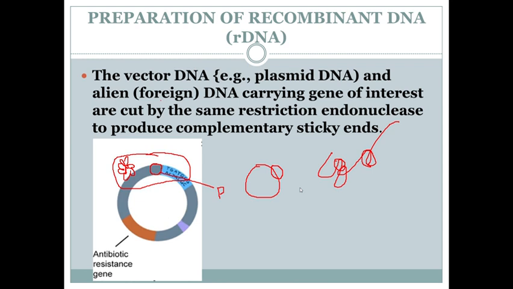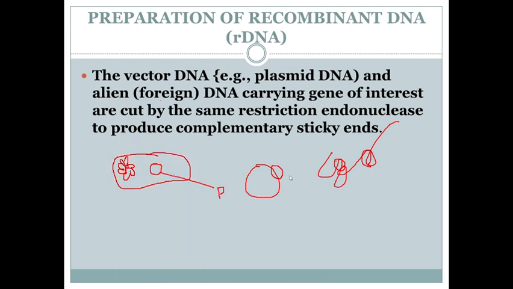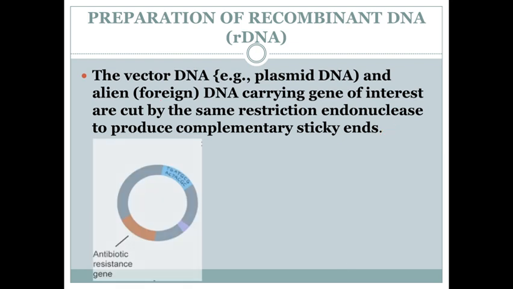Suppose here is our plasmid DNA. As you can see here, the colored region is the restriction site, and here is the antibiotic resistance gene.